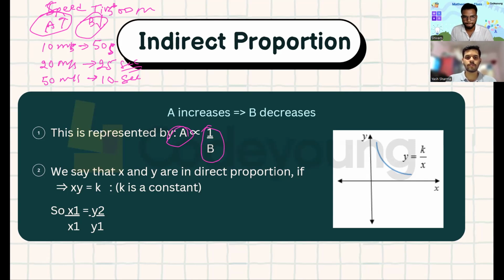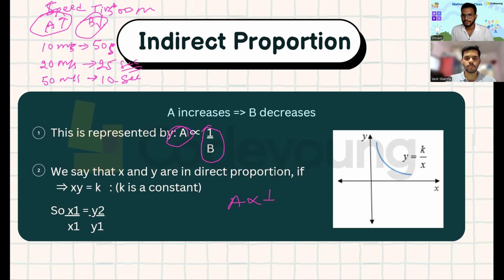So if A is proportional to 1 upon B. Why 1 upon B? Because it is indirect.